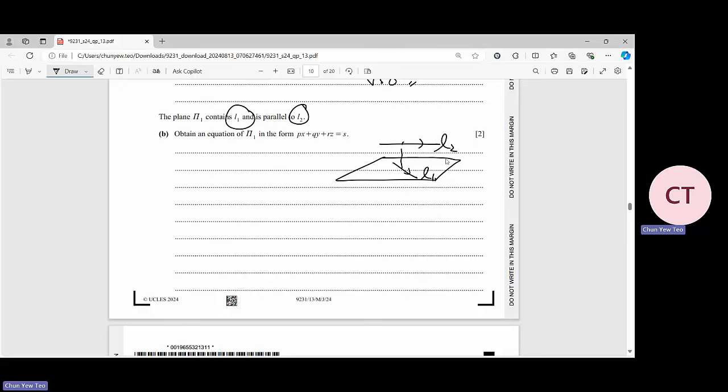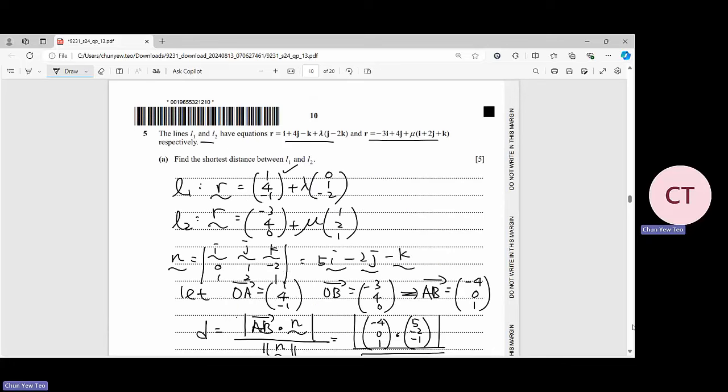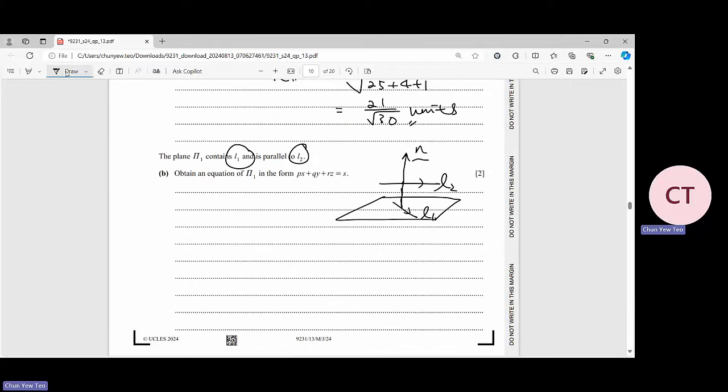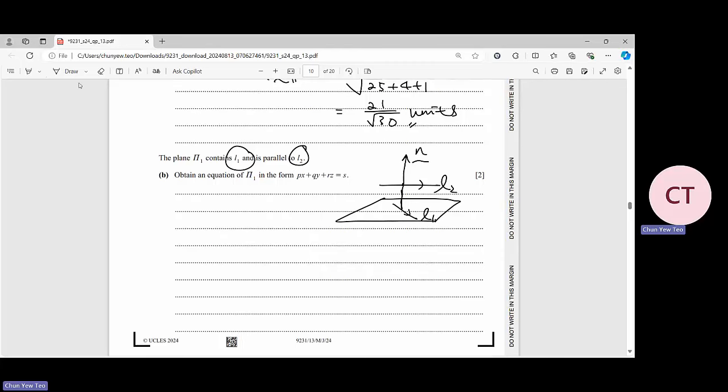So just now, L2 and L1, if you want to find the normal, it is actually the same as the normal here. Okay, this is the normal, 5i minus 2j minus k. So over here, without wasting our time, just take the normal as 5i minus 2j minus k.